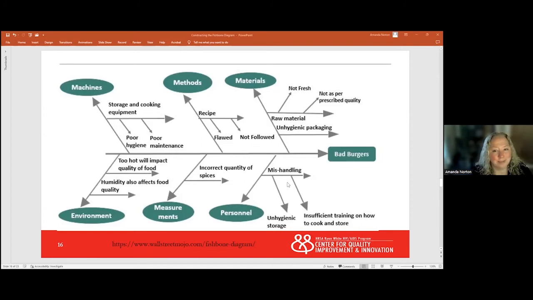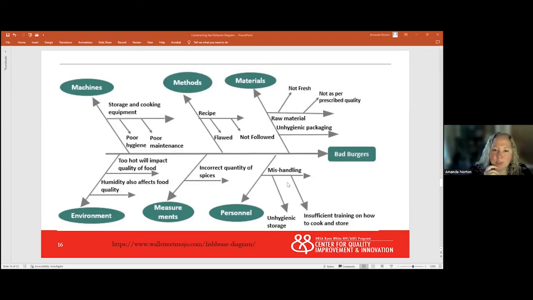Is the recipe itself just flawed or not followed? If it's flawed, we need to change the recipe. If it's not followed, it means the incorrect quantity of spices is because it wasn't followed. And then materials. So is our raw material unhygienic? It's not fresh. It's not prescribed quality. It's not as good as we wanted it to be.